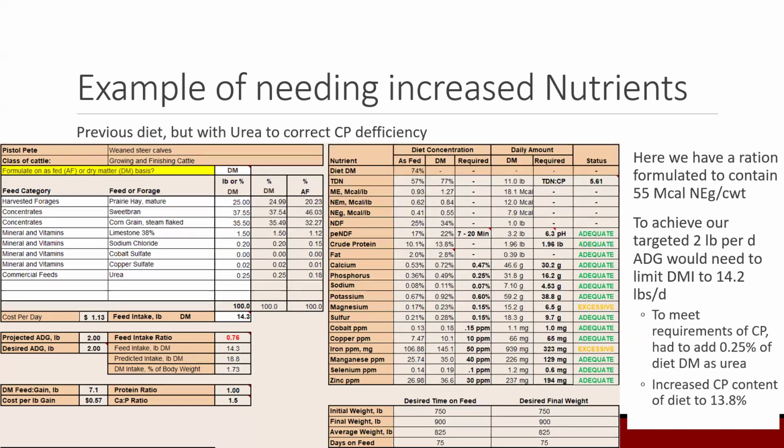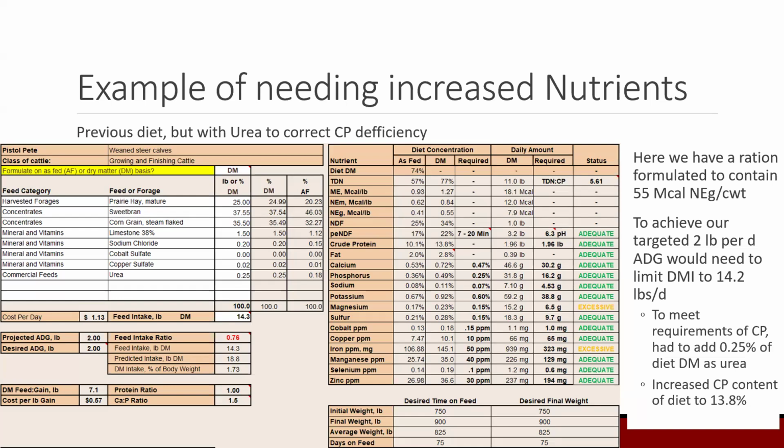So this is that previous diet, except now we've added urea. We added 0.25% of dry matter as urea for non-protein nitrogen. It kept intake the same. Projected average daily gain is still 2. We're now adequate in crude protein, but to meet that crude protein requirement to gain 2 pounds per day, we needed to feed a diet that is 13.8% crude protein.